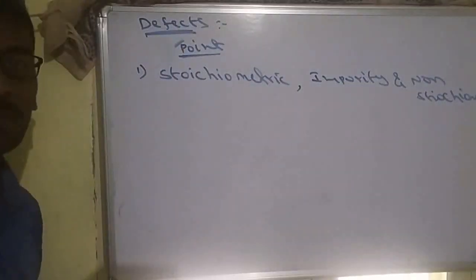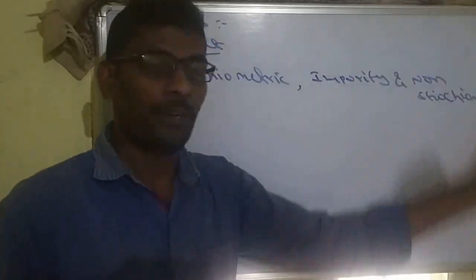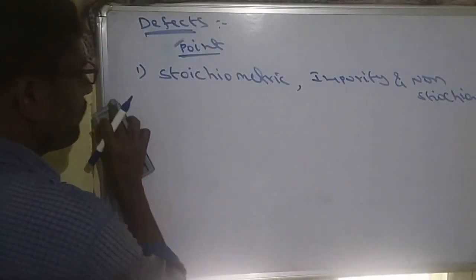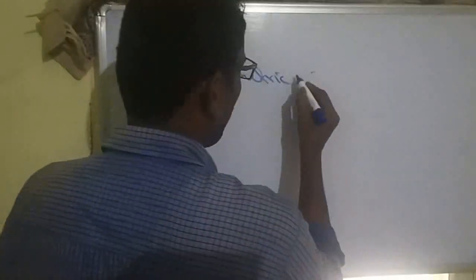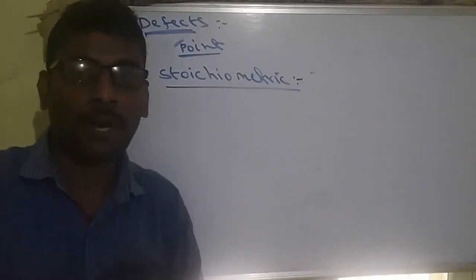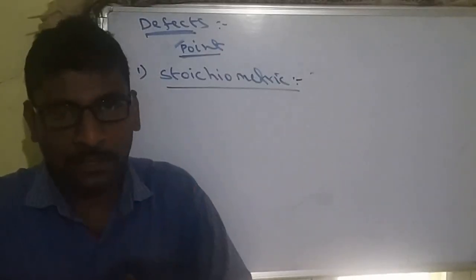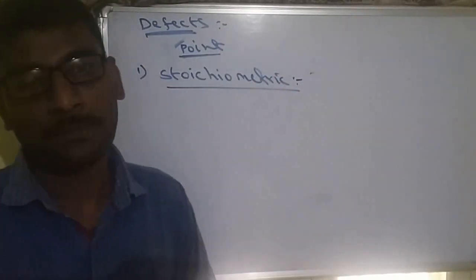So a total of 3 types of point defects are there: stoichiometric, impurity, and non-stoichiometric. One by one we'll discuss. First we'll discuss stoichiometric defects. Stoichiometric means here the composition of metal and non-metal is the same. However many metal atoms are there, the same number of non-metal atoms are there.